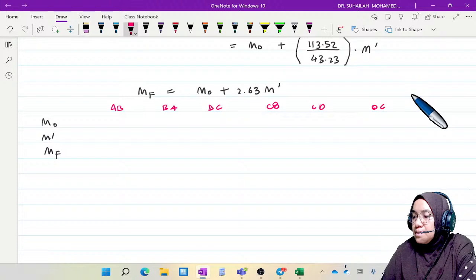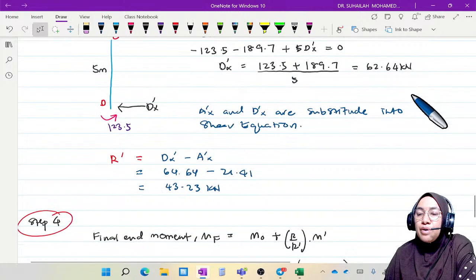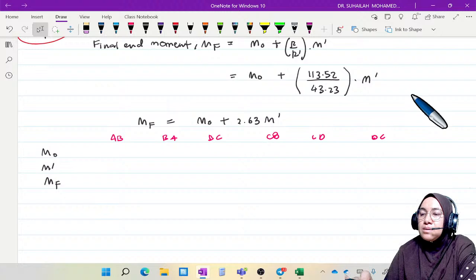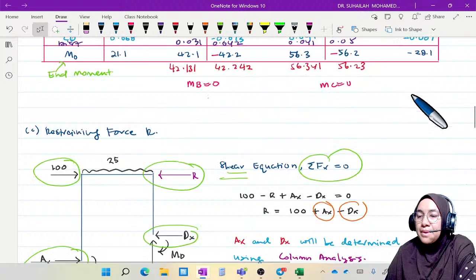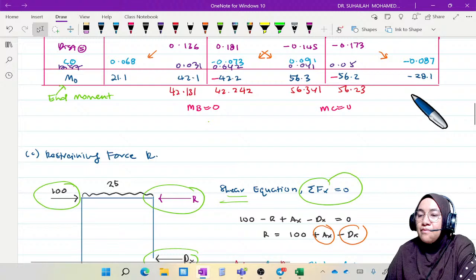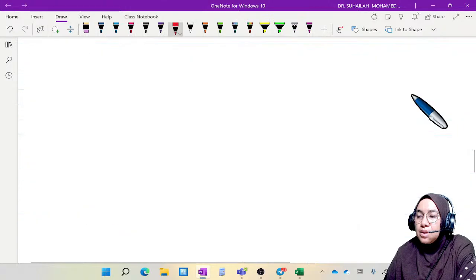For example, for AB, M naught is negative 90.4 and M prime for AB is 21.1.